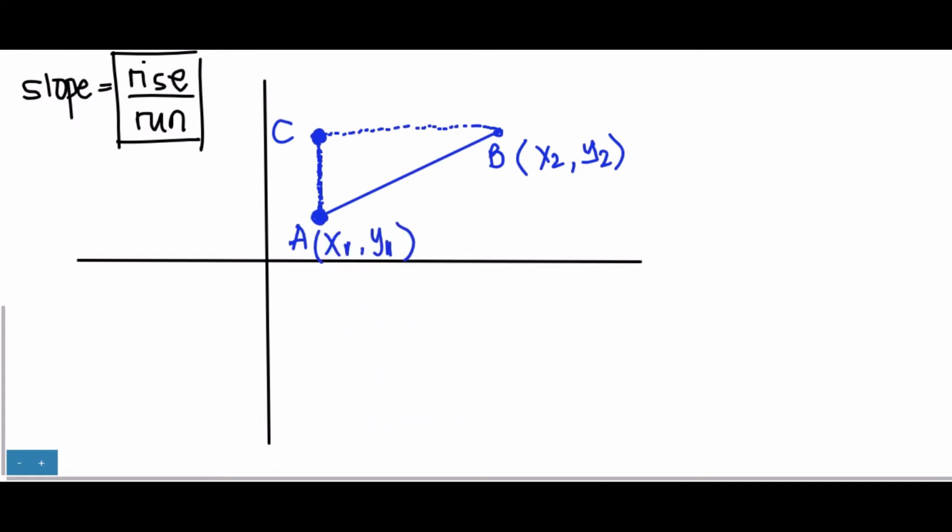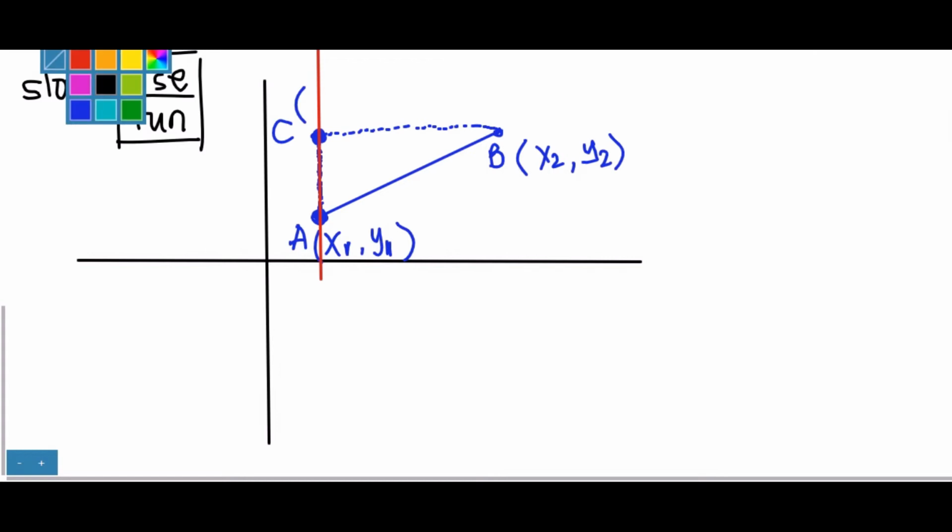And since these 2 points are vertically aligned, the x coordinates are the same, because it is just rising.